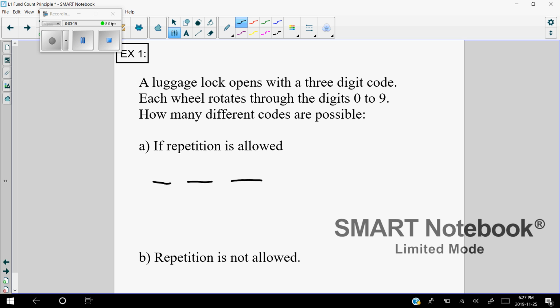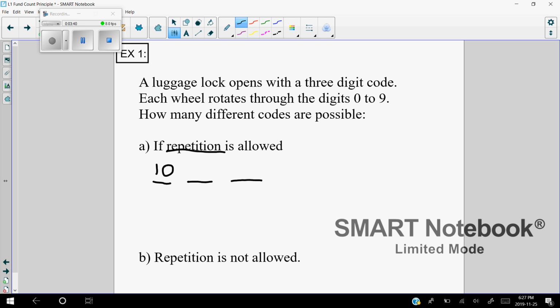Okay, so using the fundamental counting principle, I know that if I'm using the digits 0 to 9, there are 10 different options for my first number. So 0 to 9, that means 10 different digits. If you don't believe me, count it on your fingers.